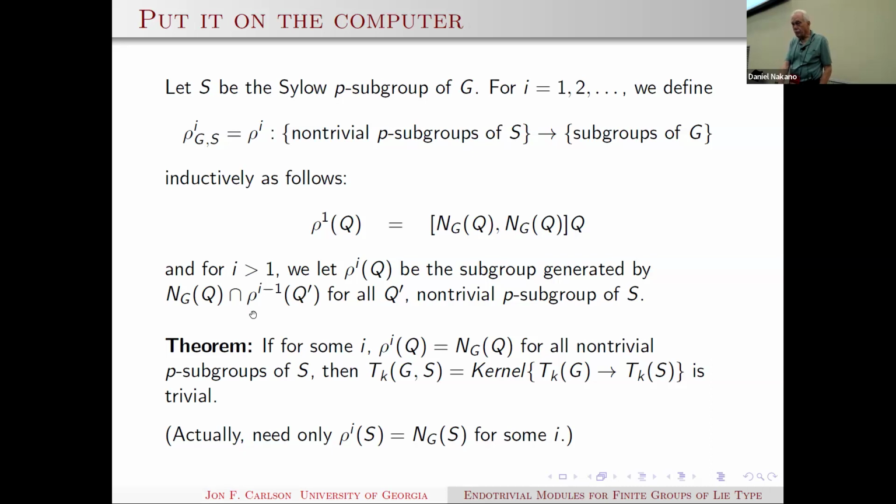Okay, so in other words, these rho i's of Q have to be in the kernel of any weak S homomorphism.